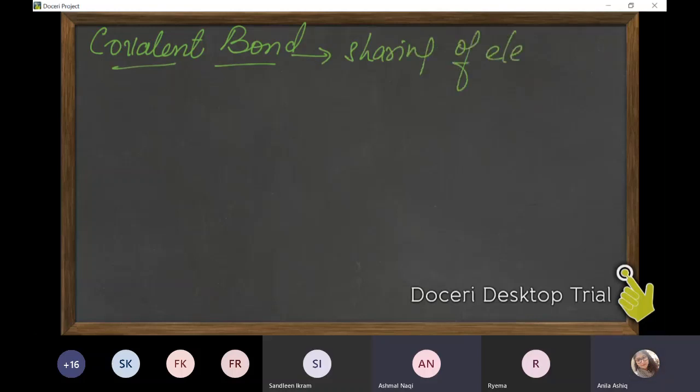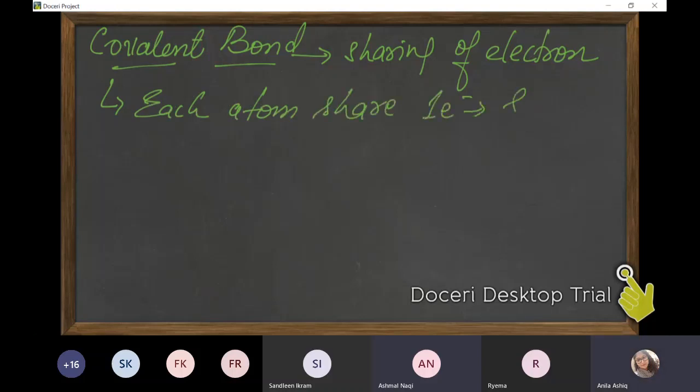For example, if one atom shares one electron with another, it'll be known as a single covalent bond. If each atom shares two electrons, it'll be called a double covalent bond, for example, oxygen. And if each atom shares three electrons, it'll be called a triple covalent bond, which is nitrogen, for example.